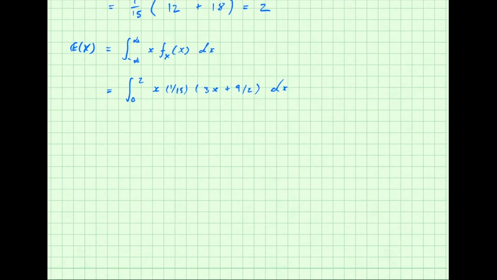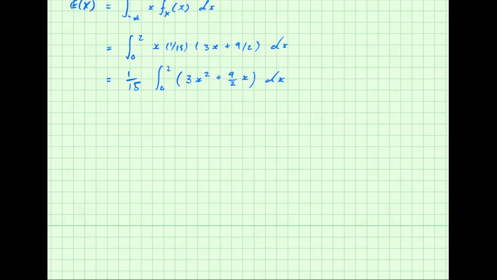Right, and so we just rearrange, so 1/15 is out in front. And I've got the integral from 0 to 2 of 3x squared plus 9/2 x. And now we can do the integrals.